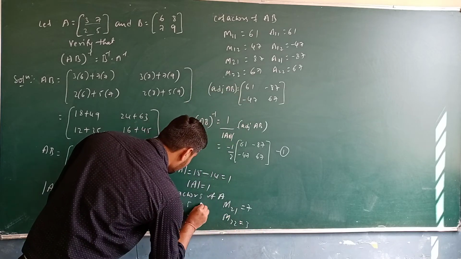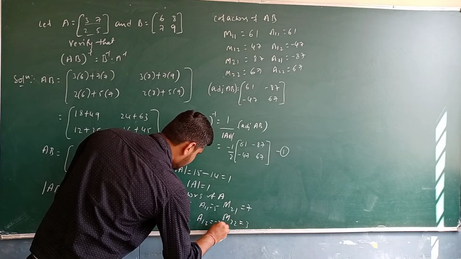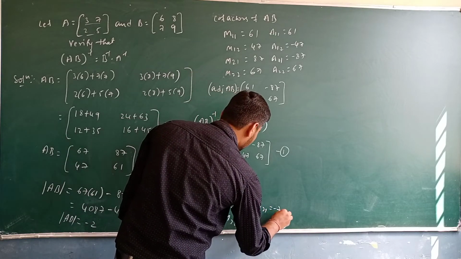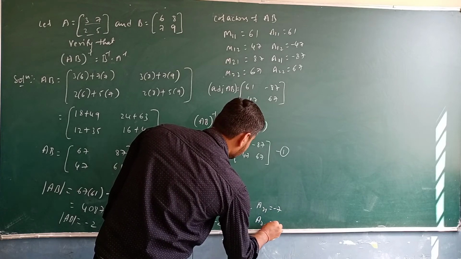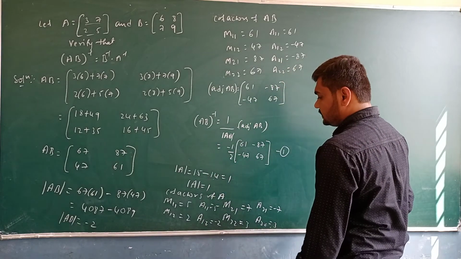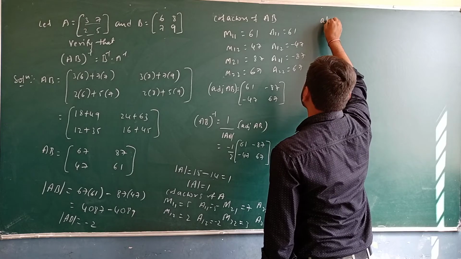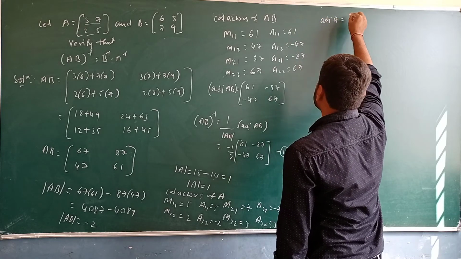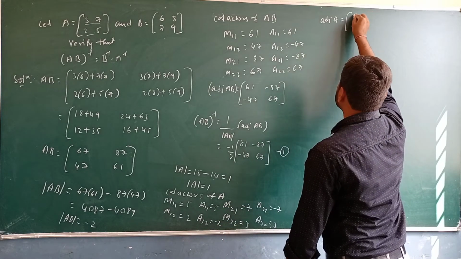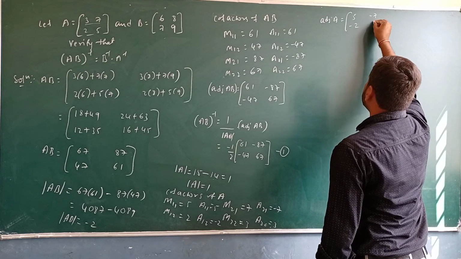So with corresponding A11 is equal to 5, A12 is equal to -2, A21 is equal to -7, A22 is equal to 3. Then adjoint of A is equal to 5 minus 2 minus 7 3.